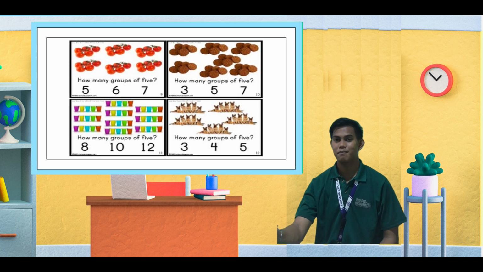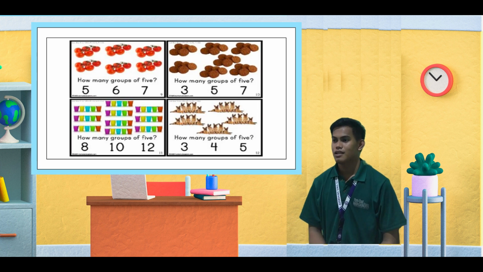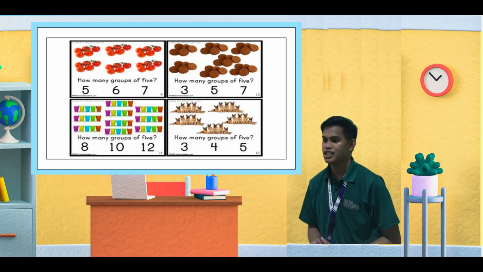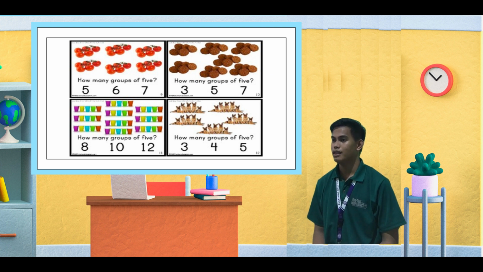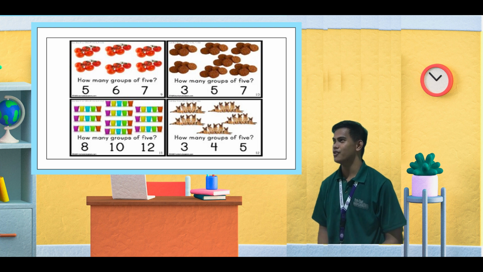So let's proceed to skip count by 5. Okay, so we have here cherries. So we're going to count how many cherries are there. So 1, 2, 3, 4, 5, 6, 7, 8, 9, 10, 11, 12, 13, 14, 15, 16, 17, 18, 19, 20, 21, 22, 23, 24, 25, 26, 27, 28, 29, 30.